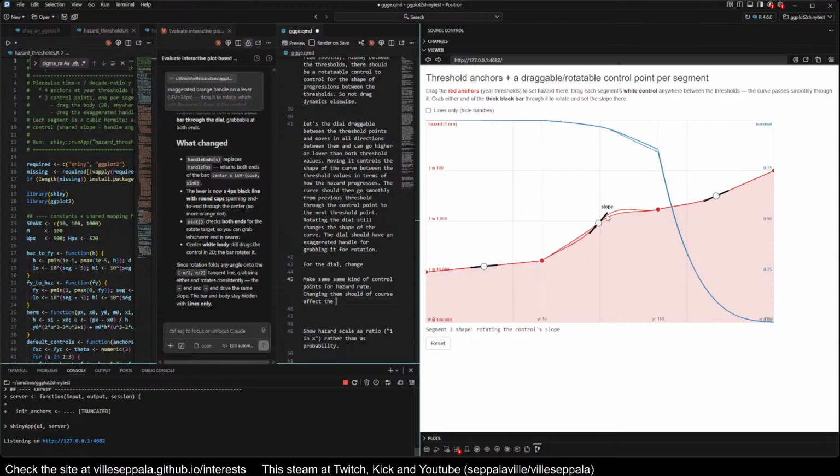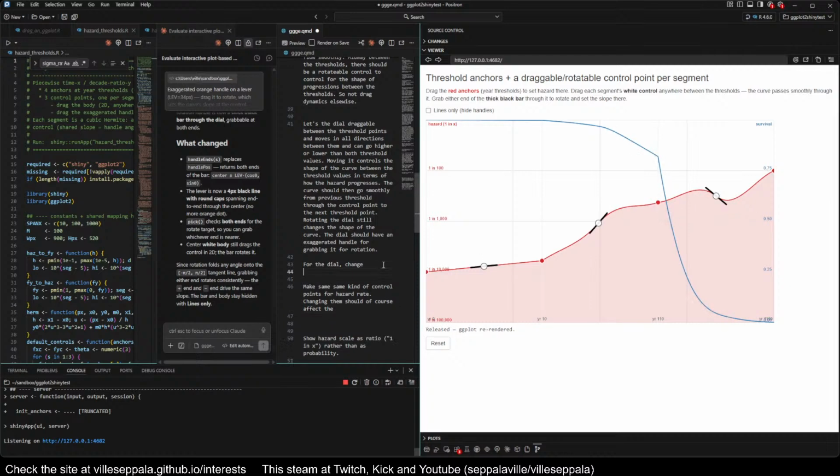And then I'm not sure if I actually need those. Let's make that change first actually. Controls.